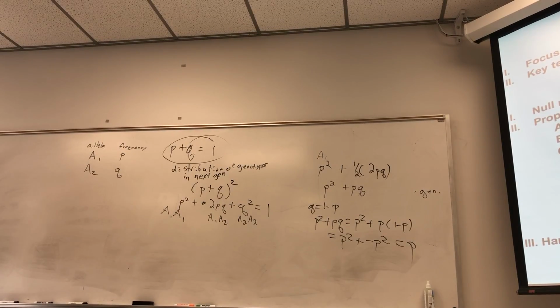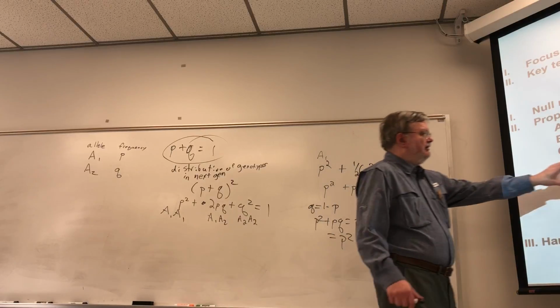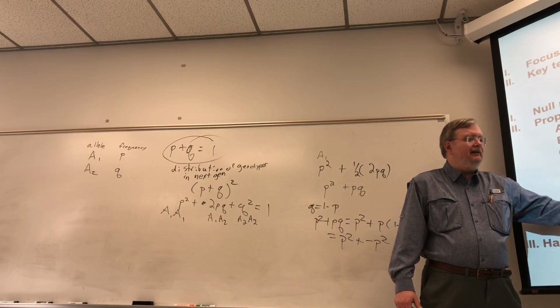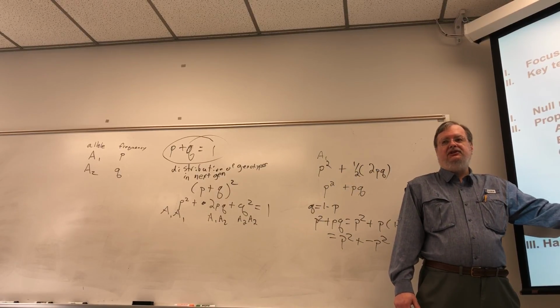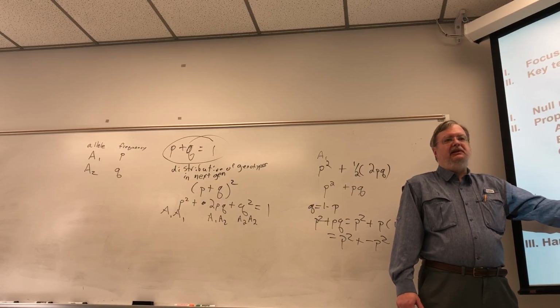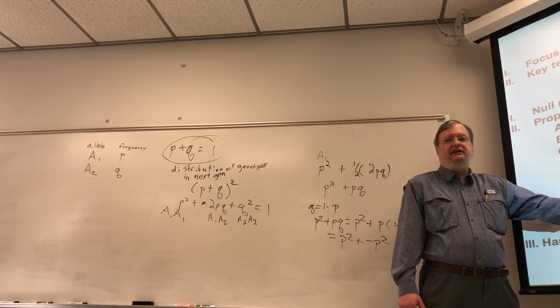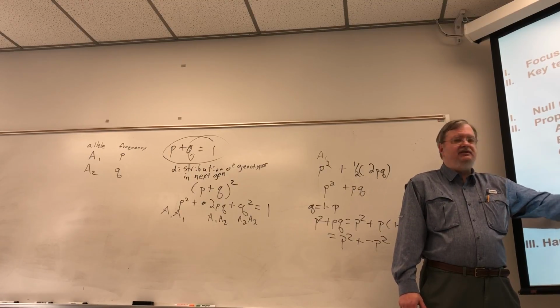So that is the mathematics of Hardy-Weinberg. What does it again do? It tells us that if we've met assumptions 1 through 4, allele frequencies haven't changed. If we also assume panmixia, it's predicting genotype frequencies, but even if mating is not random, the allele frequency still won't change.